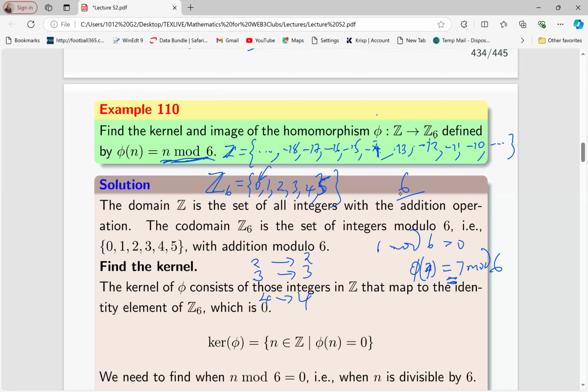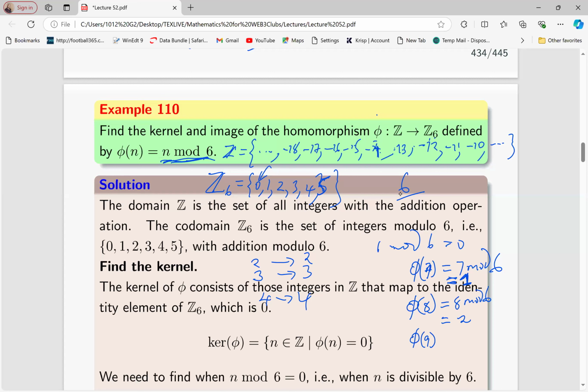What about 8? Where would 8 be mapped to? 8 will be mapped to 8 mod 6, which is 2. So 8 will be mapped to 2. What about 9? 9 will be mapped to 3. Is that okay?